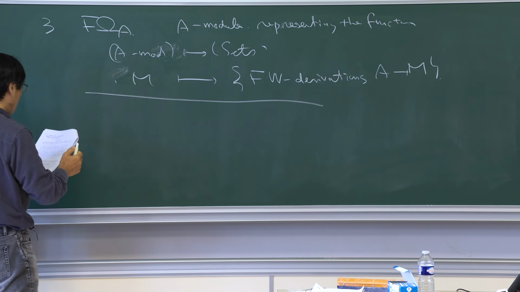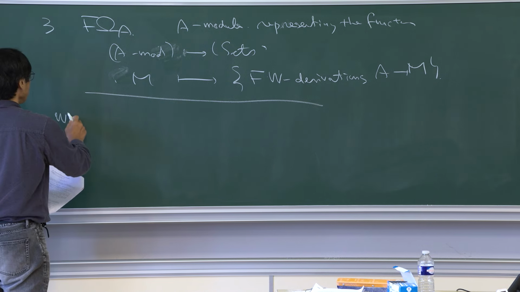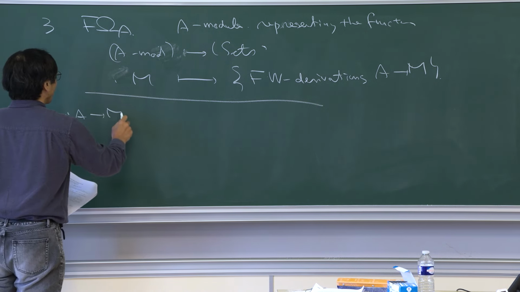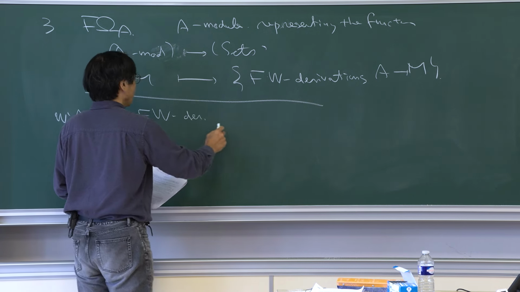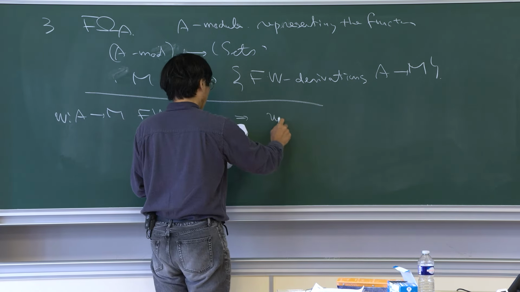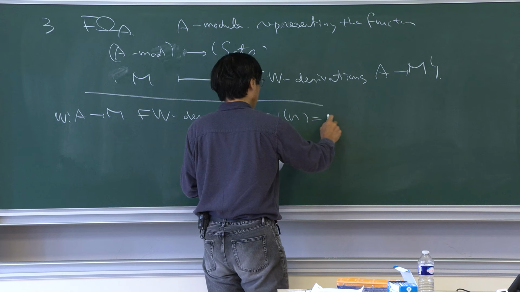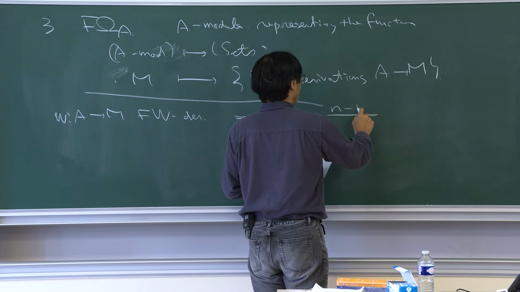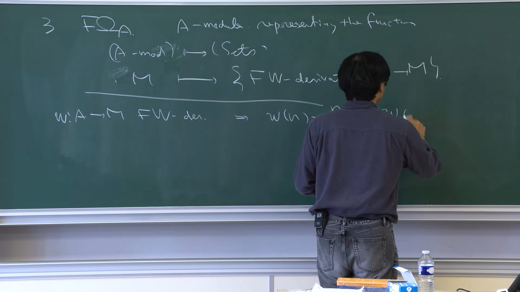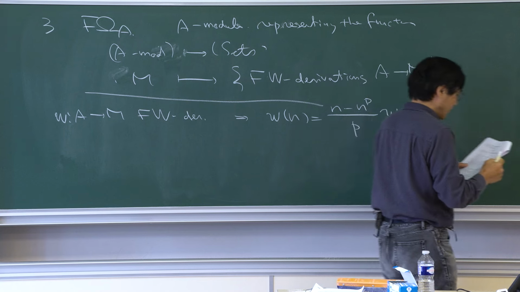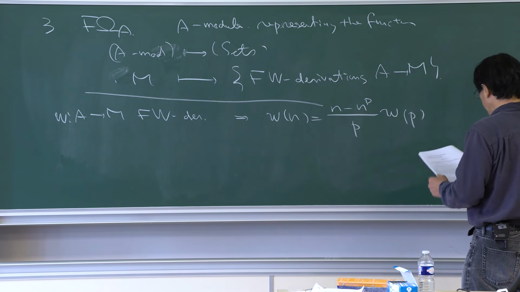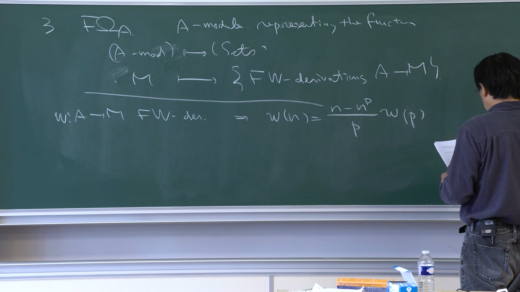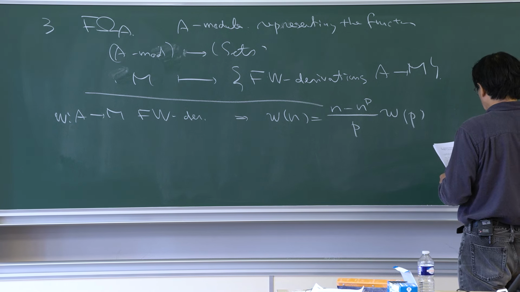So let me give you some formulas. If W is a Frobenius Witt derivation, then for an integer n, we have such an equality by induction.